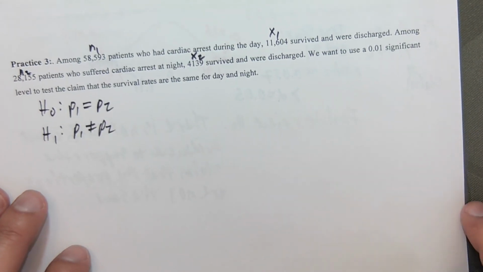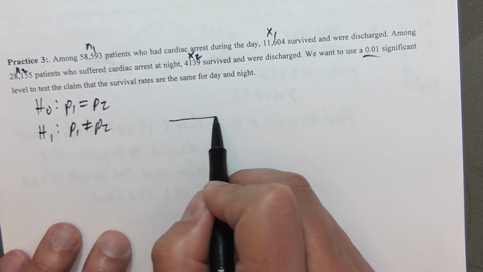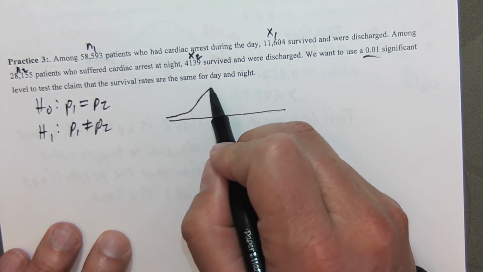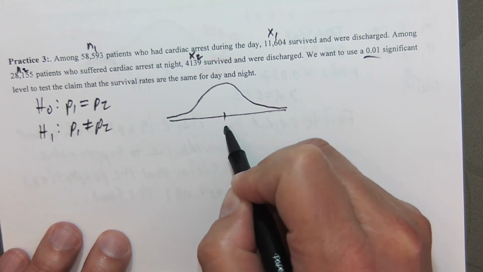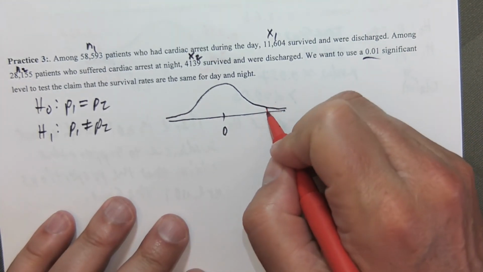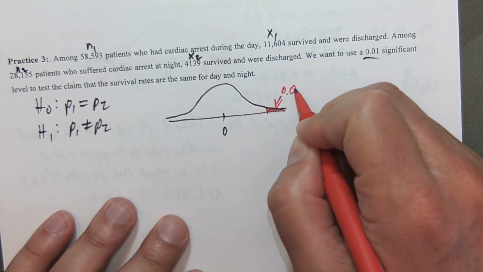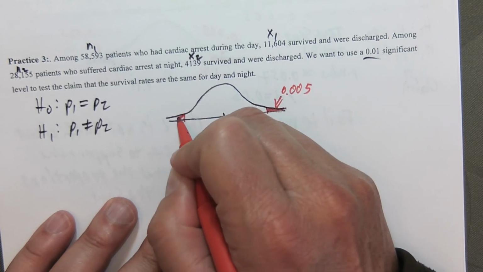So this is once again a two-tail test. And we have different significance levels, so let's actually draw this out. We have to split it up into two pieces here.